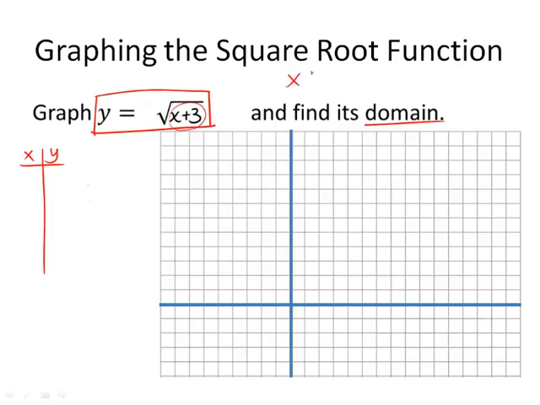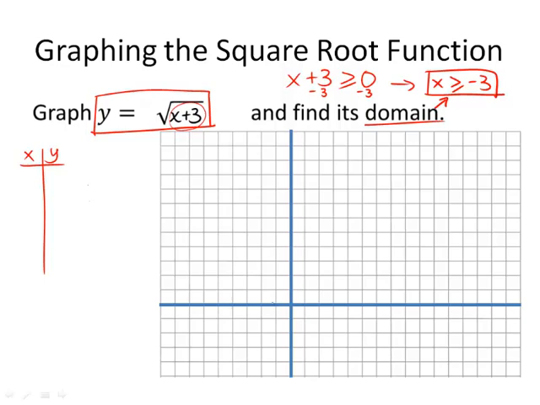So whatever x plus 3 is, it has to be greater than or equal to 0. Right? It has to be positive. It can't be negative. So that would imply, and you could think of this just in your head, or you could solve this, that x would have to be greater than or equal to -3. So that would be your domain statement.